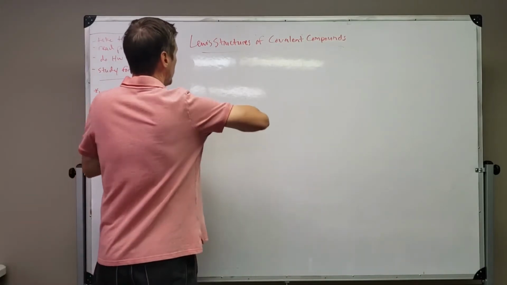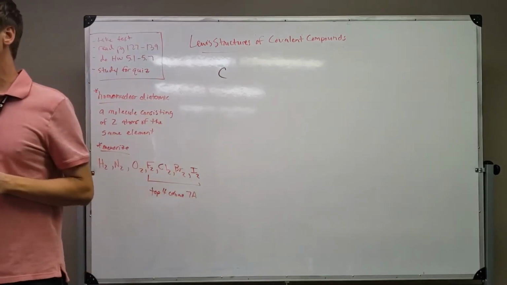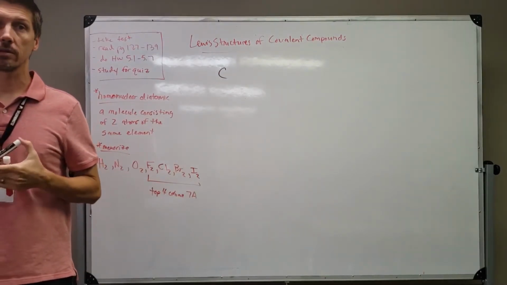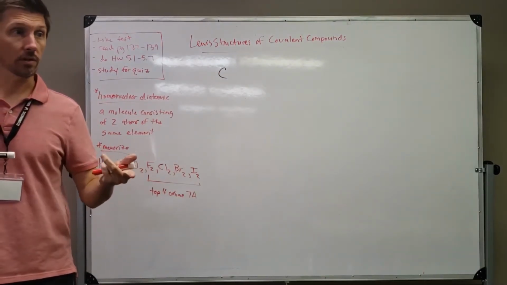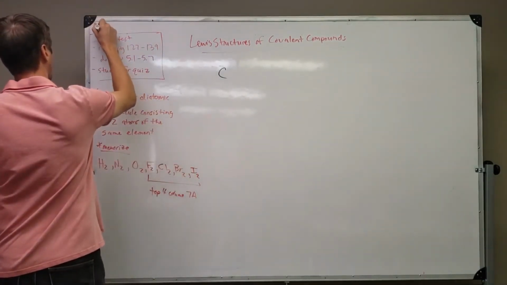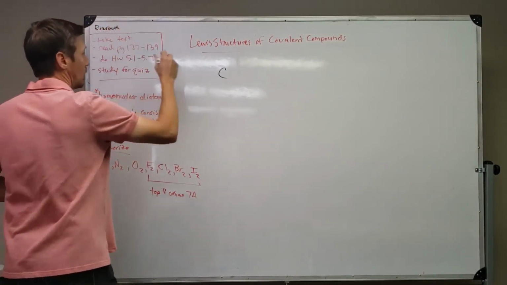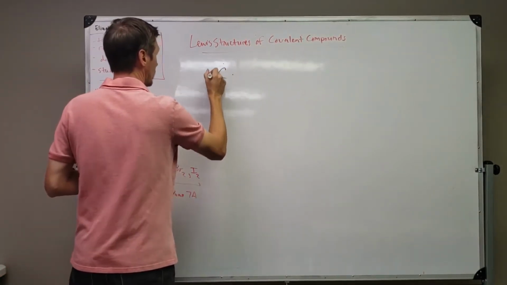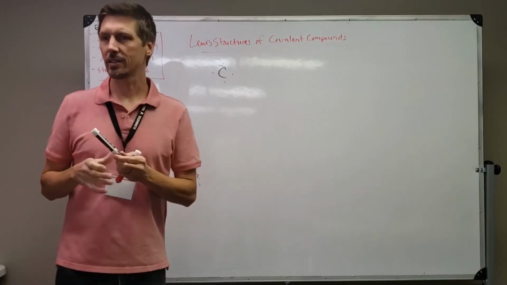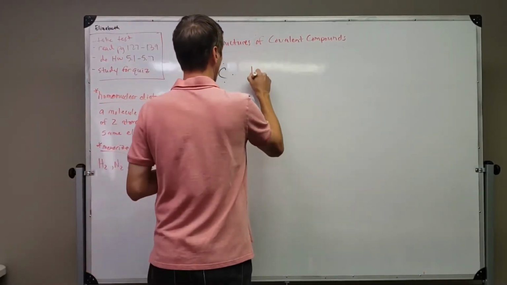Let's start with carbon. So we got a carbon atom. What's the Lewis structure for a carbon atom? How many dots around it? 4. Because we can call them 4A. Who said 4? Elizabeth? Four dots around carbon. How many dots does hydrogen have? 1.